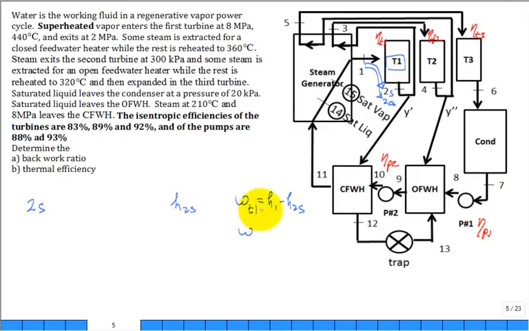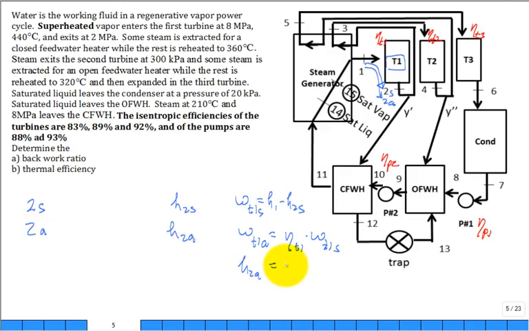You could think of that as the isentropic work out. Work of the first turbine actual is the isentropic efficiency of that first turbine times the work if it would have been isentropic expansion. Isn't that the use of the efficiency? And so now I can get the actual H2.